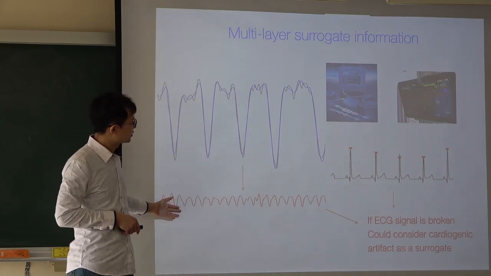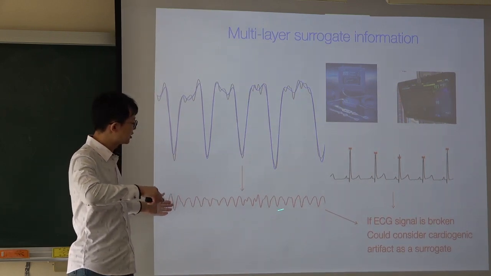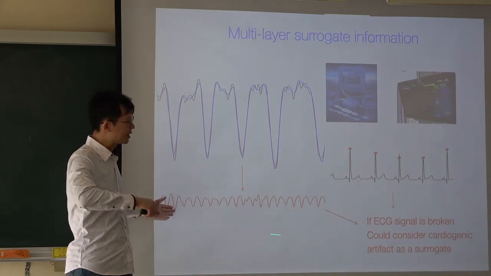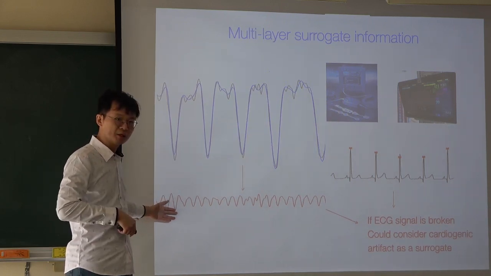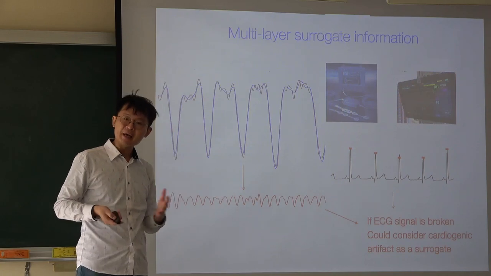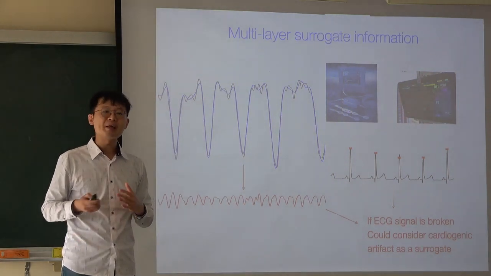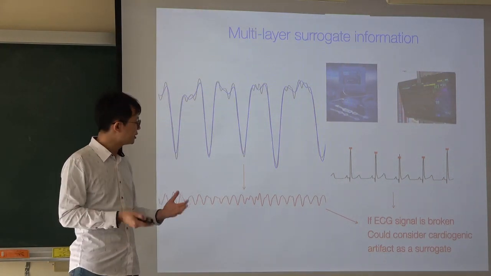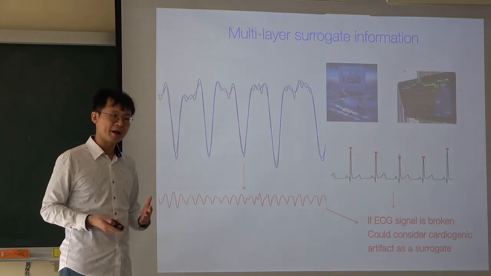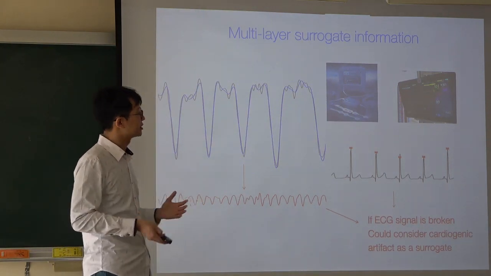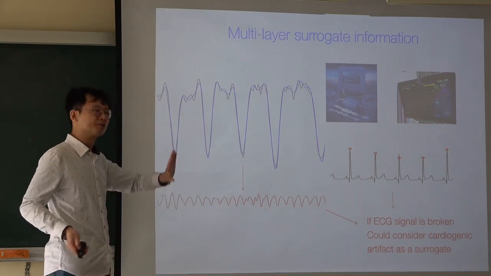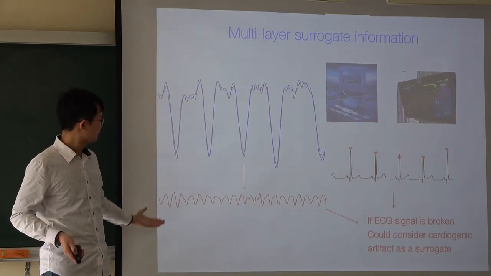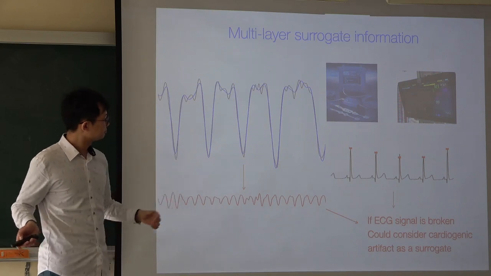In this scenario, we can use the cardiogenic artifact to provide heart rate information when the ECG signal is broken. This situation is maybe not so common, but when it happens, it may help to save a life. So this is a hypothetical scenario, just to let you know why we call it recycling.